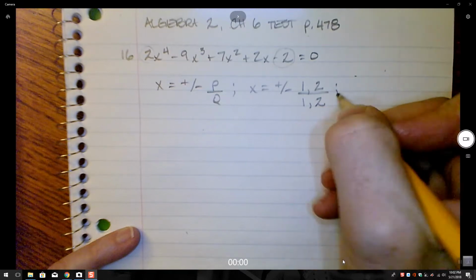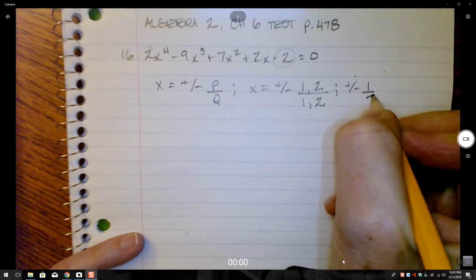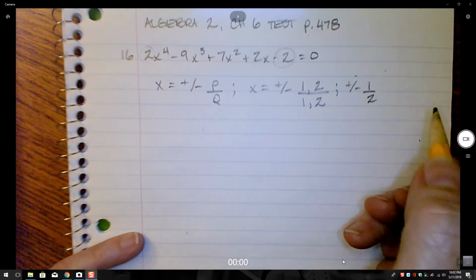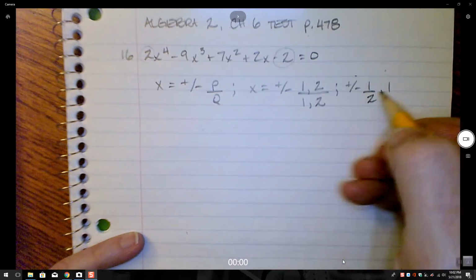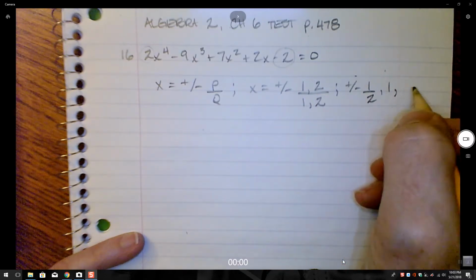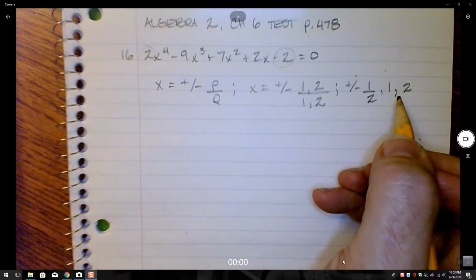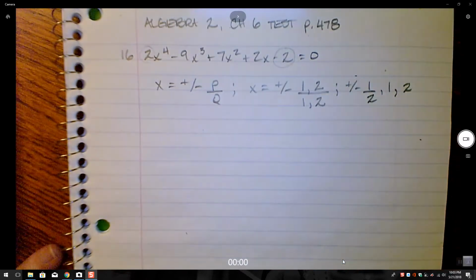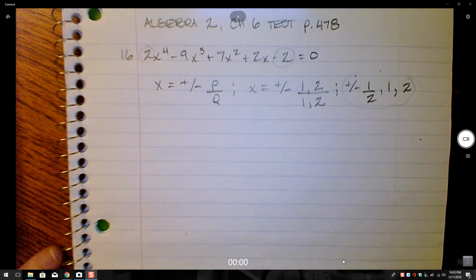Which means we have plus or minus 1/2, because we have 1 over 2 as an option, 1, because we have 1 over 1 or 2 over 2, both of which are 1, or 2, because we do have 2 over 1 as an option. So our Texan friend tells us to use synthetic division to experiment and determine which of these candidates are the roots.